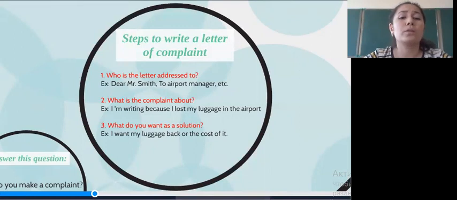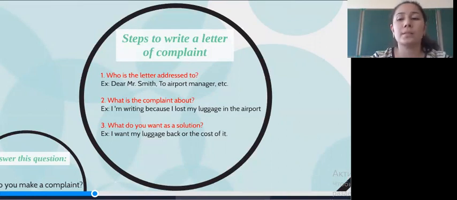In the third step, we should give our own solution, our own suggestion, to the person to whom we are addressing. As an example is given, I want my luggage back or the cost of it.